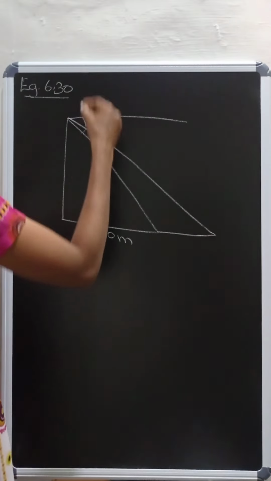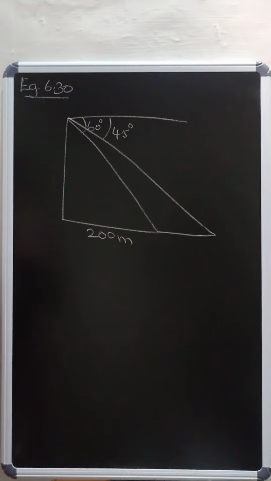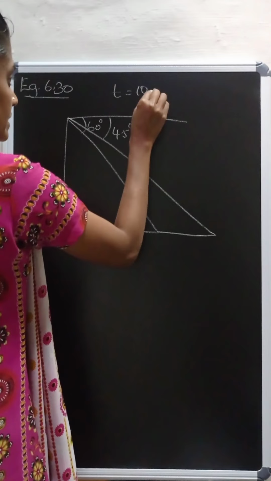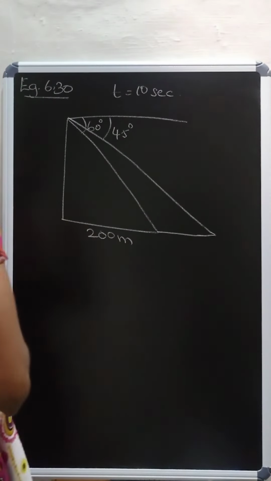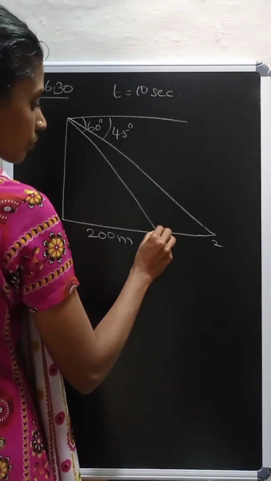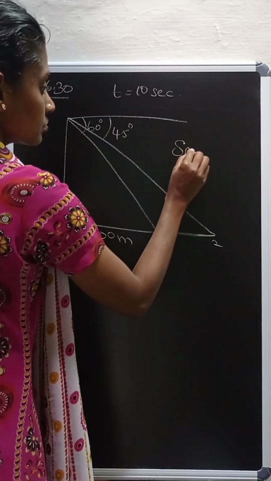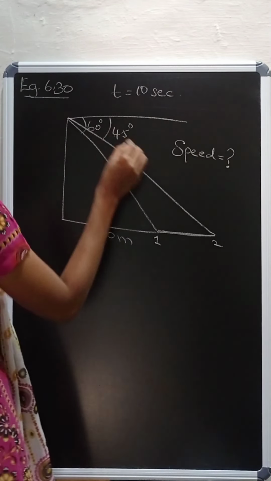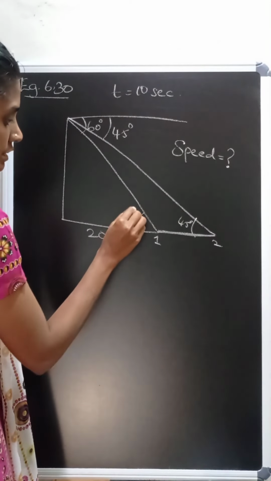So he lifts up his head, the angle of depression becomes 45 degrees, after time t is equal to 10 seconds. What is the approximate speed of the boat? So this is the first level of the boat and this is the second level of the boat. Now we need to find the speed of the boat. Now this is 45 degrees, so here 45 degrees, here 60 degrees, so here also 60 degrees.